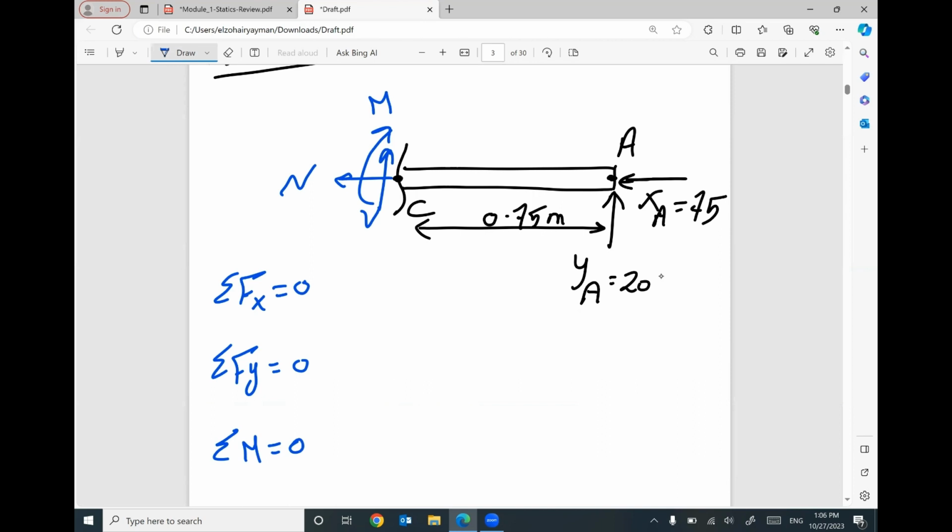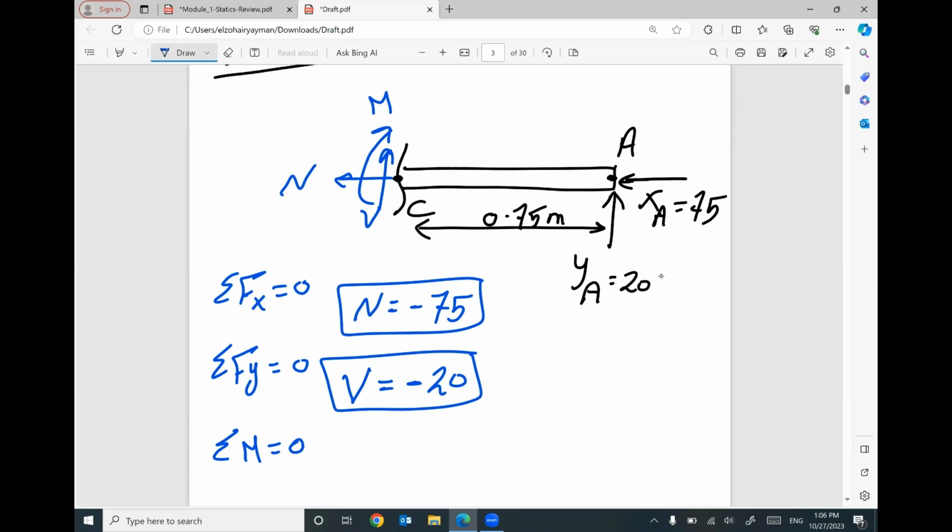So summation f of x equals 0, your capital N will be negative 75. Summation f of y equals 0, your capital V will be negative 20. Summation moment at your cut C, assume this direction clockwise is your positive. Your capital M will be 15.